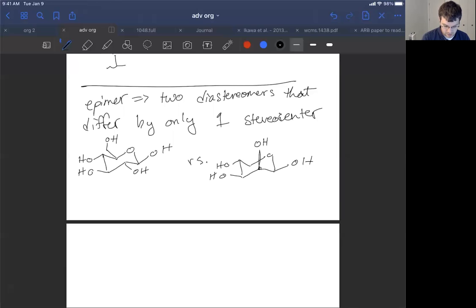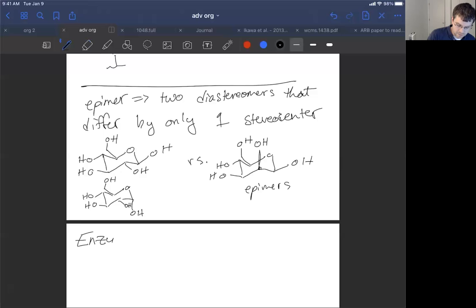We would say that those two structures are epimers. These are epimers of each other. And we could also look at the alpha glucose, where we switch the anomeric carbon. Those are epimers. So these are diastereomers of each other that differ by only one stereocenter. Turns out it's pretty prominent in these multi-stereocenter molecules. Okay.